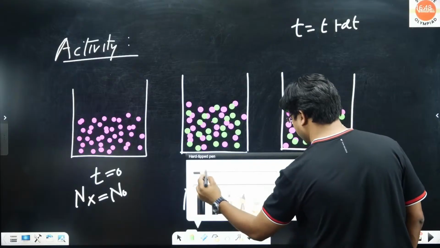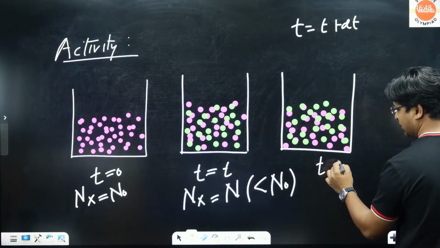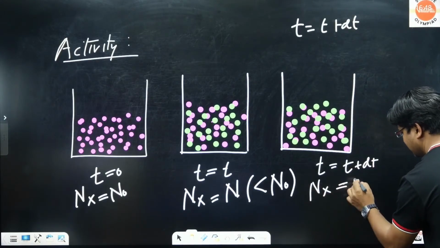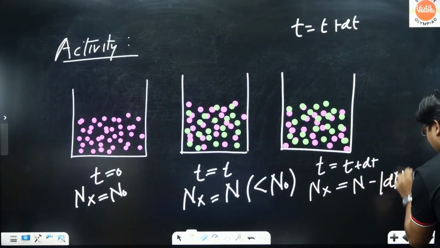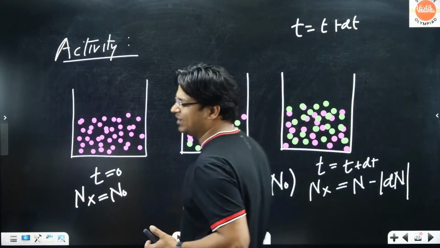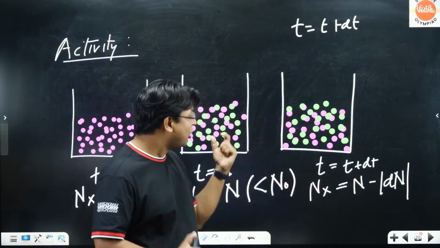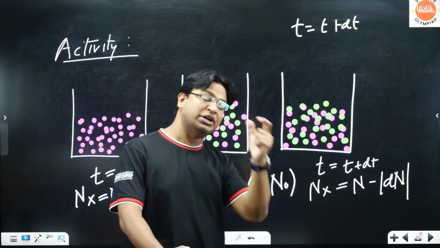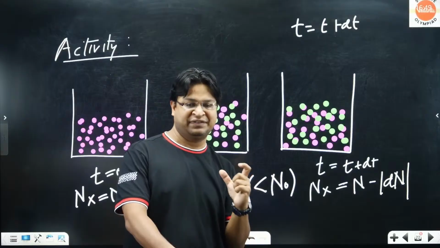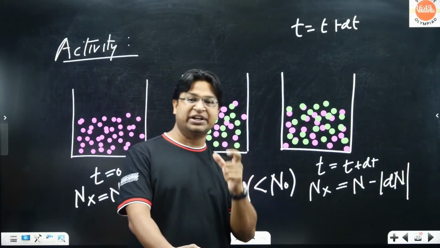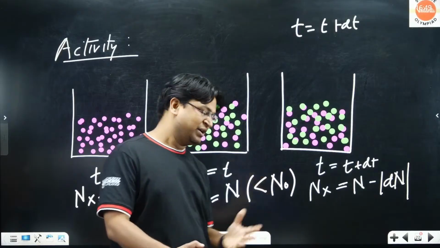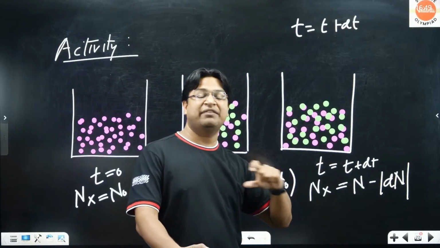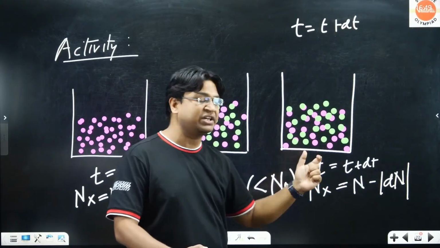What we can expect is that at T plus dt, the number of X nuclei is a little bit less than N, because some nuclei got disintegrated within this dt duration. At this point, those dn nuclei were still alive, still in the form of X. Let's say disintegrating into Y means death of a nucleus. So here those dn nuclei were still alive, and here they have now disintegrated. So dn nuclei have disintegrated in the time dt.